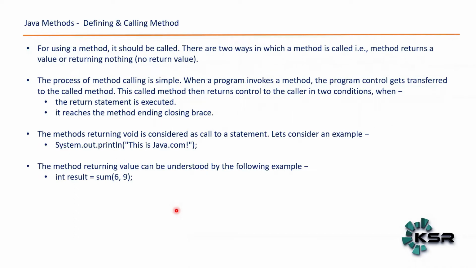So here we are going to do a deep dive into it. For using a method, it should be called. If you define it, it doesn't matter, right? It will be unused unless you call it. So the method has to be called using your object name. We saw the dot operator, right?